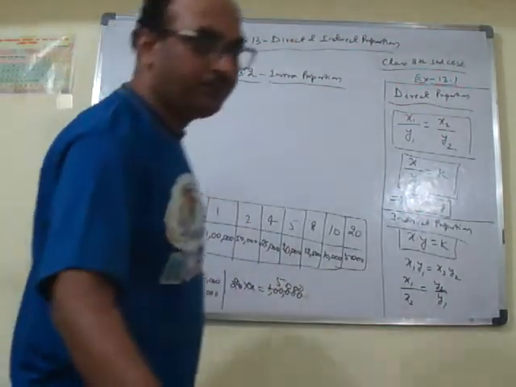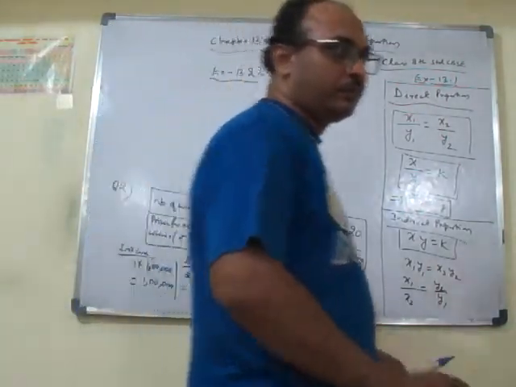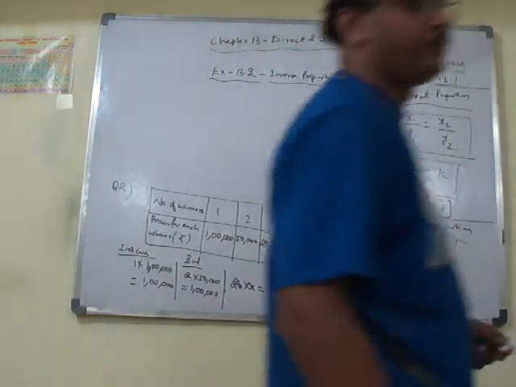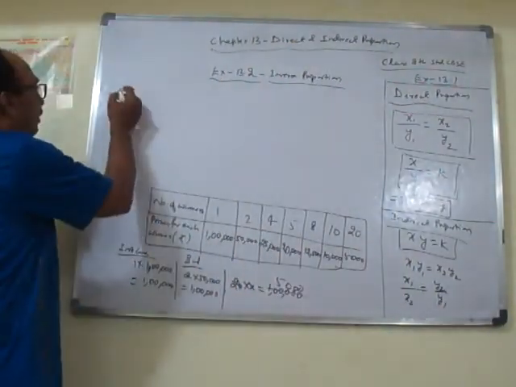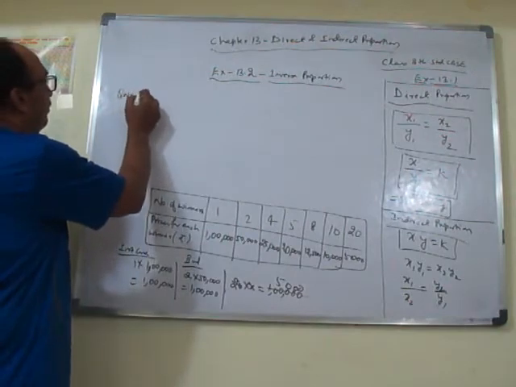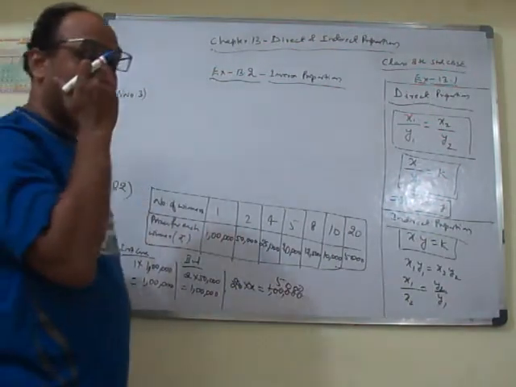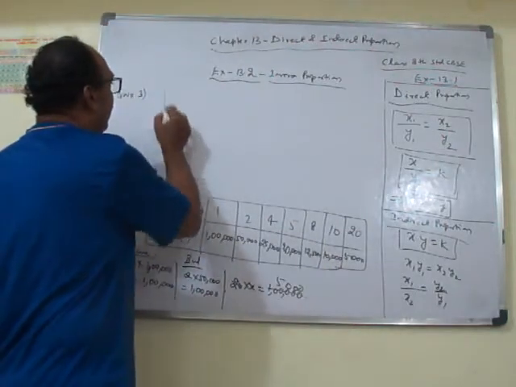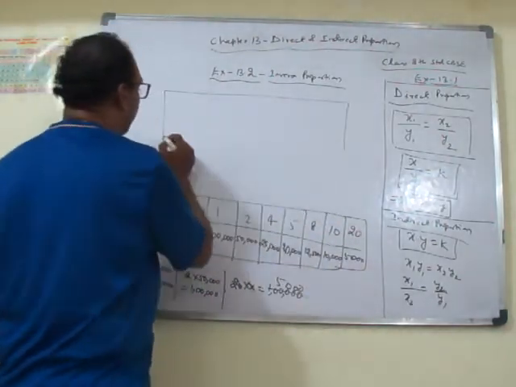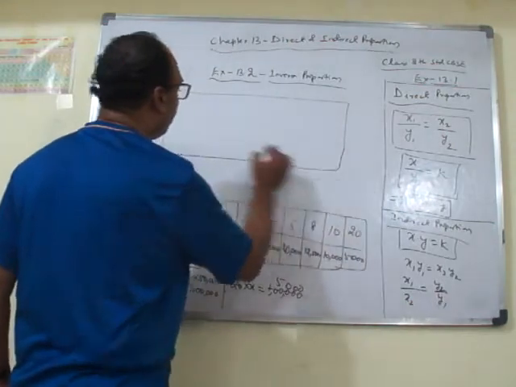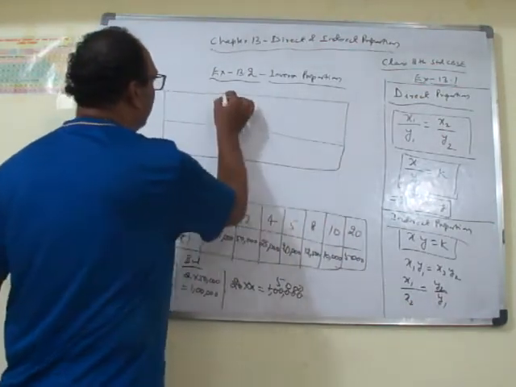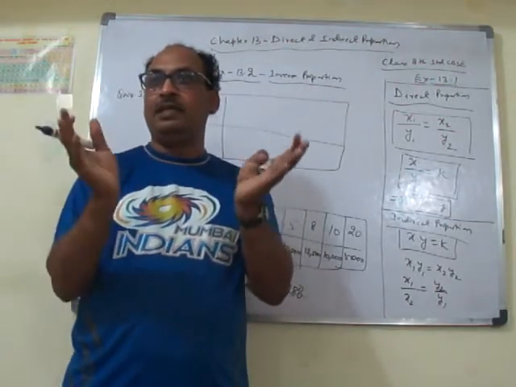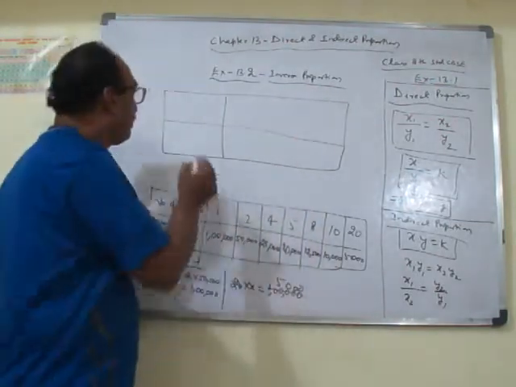Question number 3. Again we need to make a table. So we are given that table. A cycle wheel is there, a bicycle wheel.